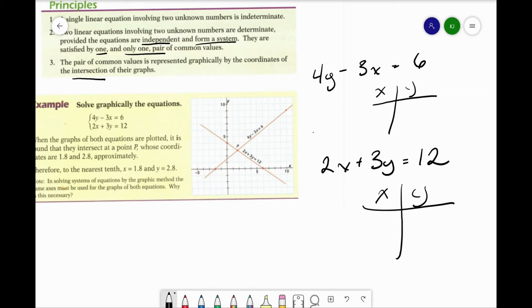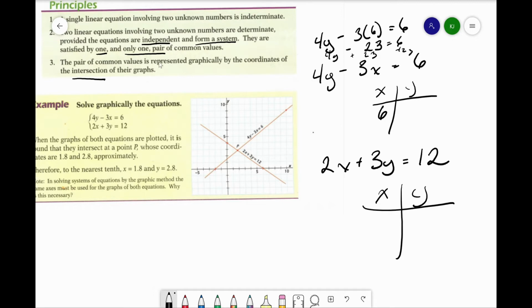Alright, so if x was 6, let's plug that in here. 4y minus 3 times 6 equals 6. So 3 times 6 is 18. The easiest way to do that is to add 18 to both sides.